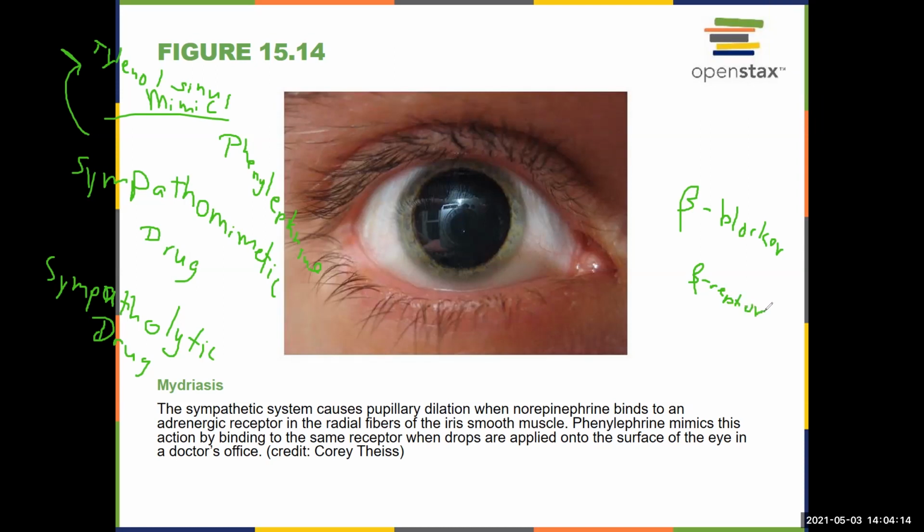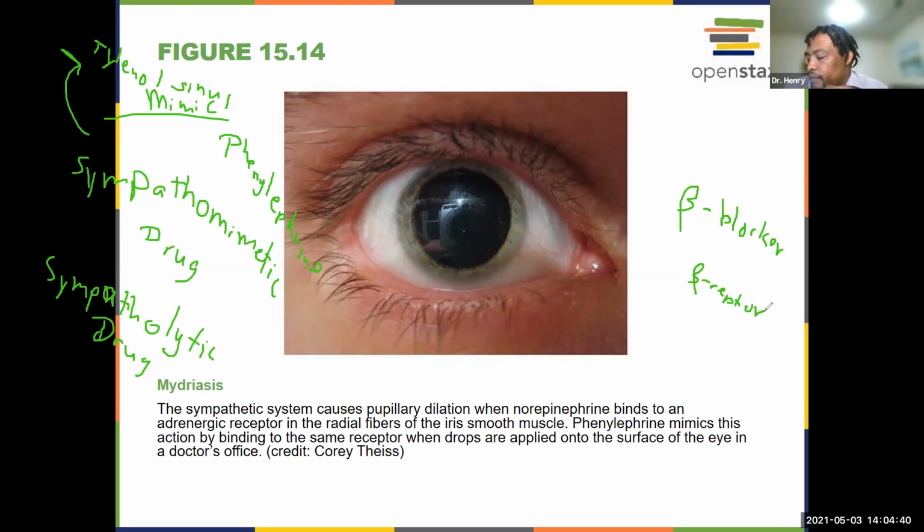The beta receptor is responsible for vascular constriction and an acceleration of the heart. So people who have suffered from heart attacks, they'll often give them beta blockers because that keeps that acceleration from occurring.